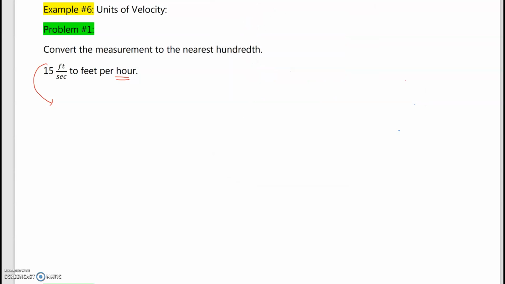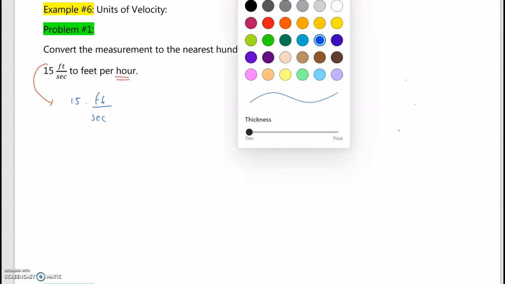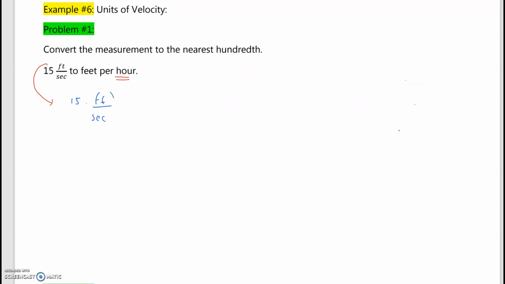So we technically have 15, and this is feet per second. What I'm going to do next is just change the seconds to actual hours. Notice that there's 60 seconds in 1 minute, and then there are 60 minutes in 1 hour.